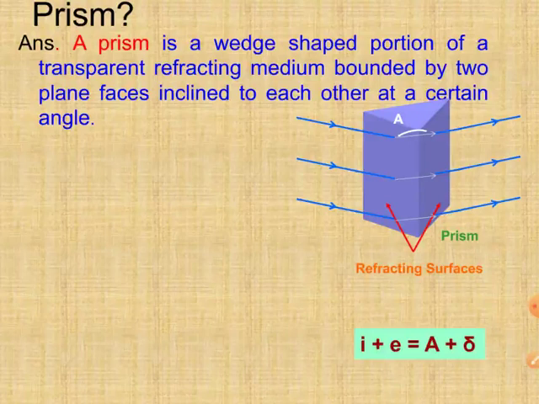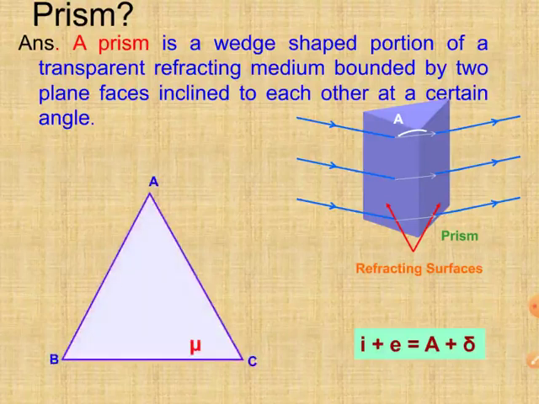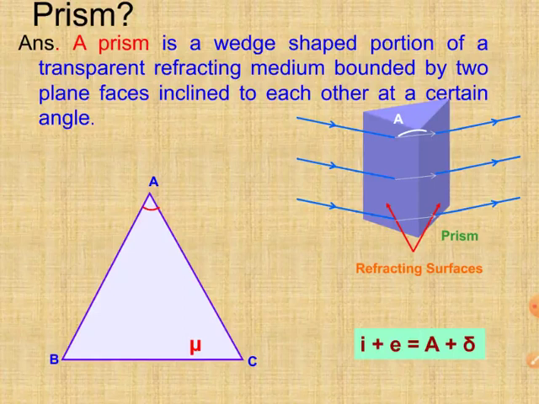Now we will see another type, the cross-sectional view of the formation of refraction of light through this prism. Let's take it that ABC is a prism. We are seeing only the cross section. The refracting faces AB and AC are the two refracting faces, which are inclined at an angle, and it is denoted by A itself.